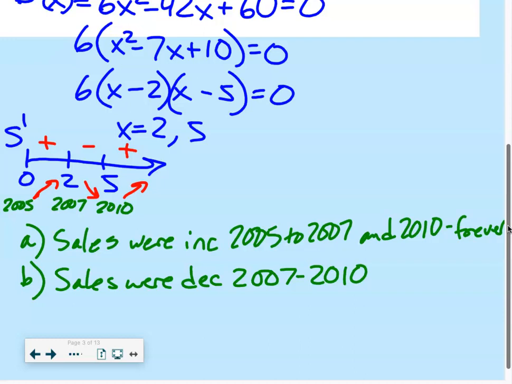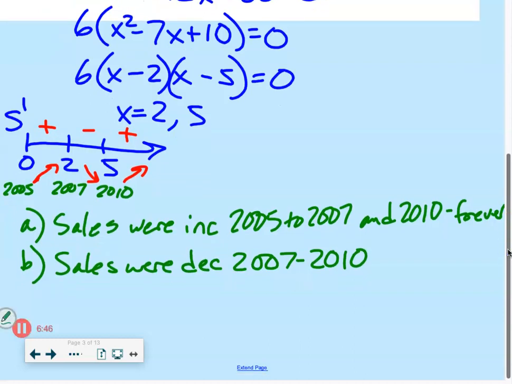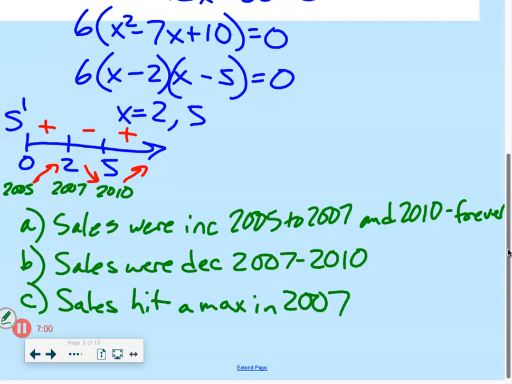I get that. But I was really just saying, if we're talking on the street, when did your sales hit a high point? Oh, well, we hit a high point in 2007. Sales hit a max in 2007.